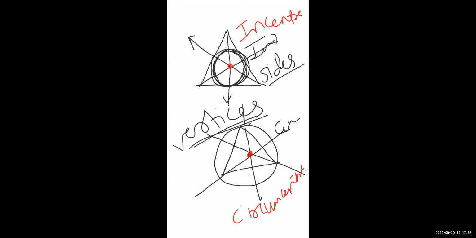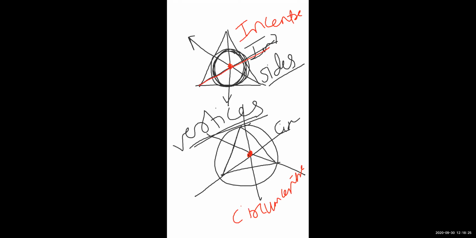Getting the difference? Incircle means inside the circle. It touches the sides. To find the incenter, we have to draw the angle bisector.